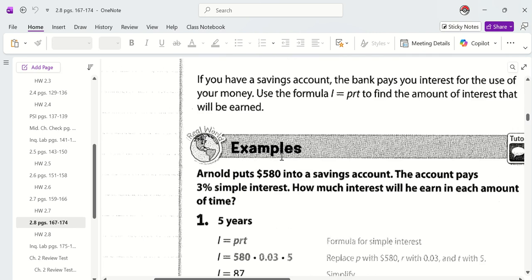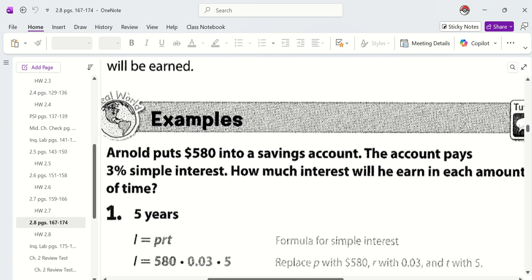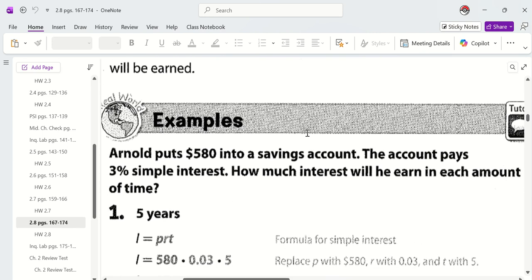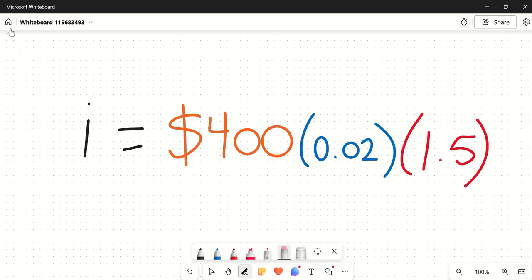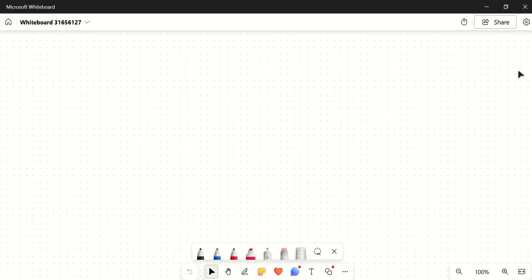Let's use this example. Arnold is going to deposit $580 into a savings account. Is he borrowing money or is he depositing money, ladies and gentlemen? So he's going to be making money on his account. Again, what was the formula, ladies and gentlemen? Refer to your notes.